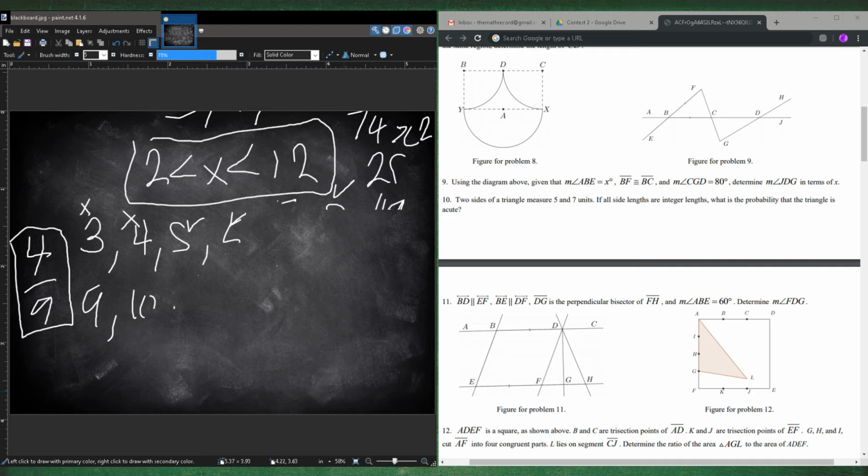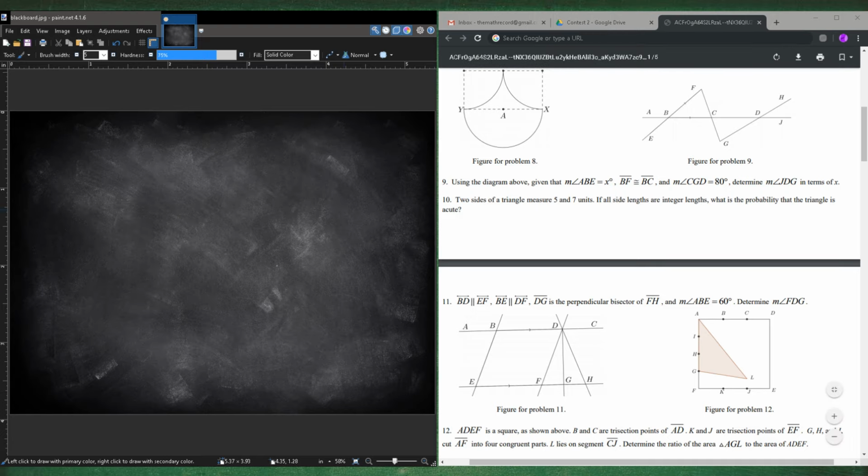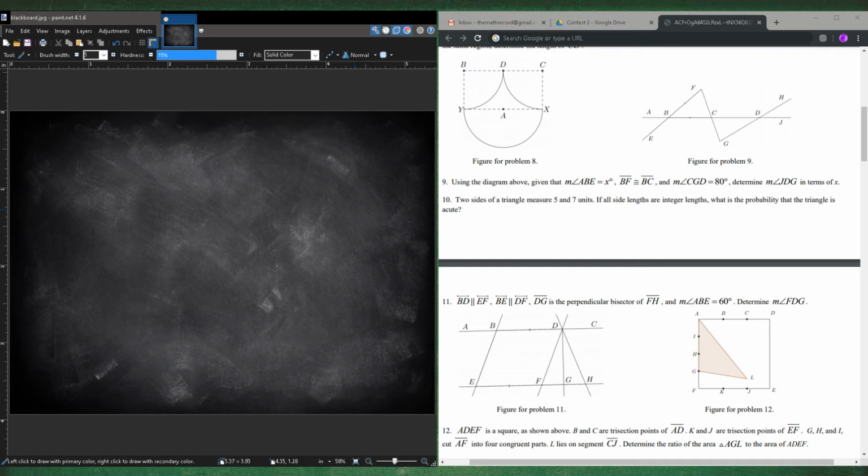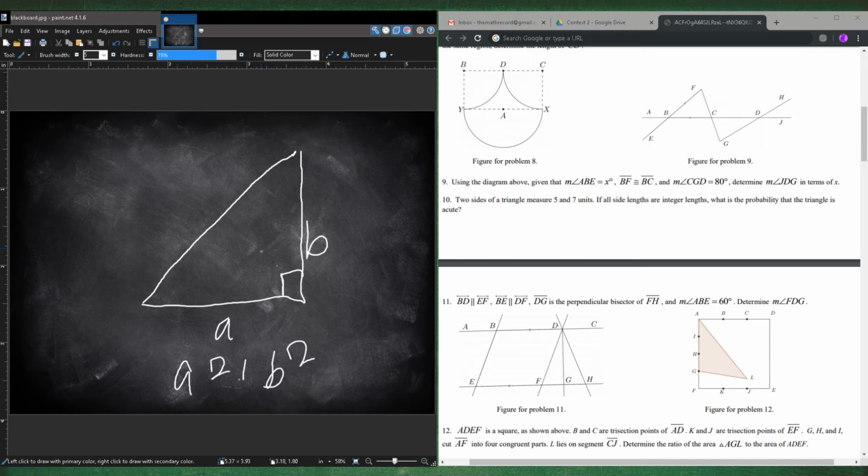You just need to know this. A way to not memorize it and just think about it is, let's say you have sides A and B already. If you have a side length C in a right triangle, and A squared plus B squared is greater than C squared, that means C has to be smaller, and it's not going to connect.